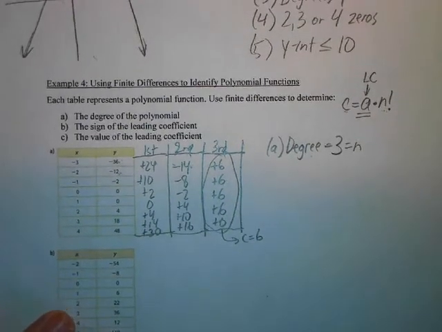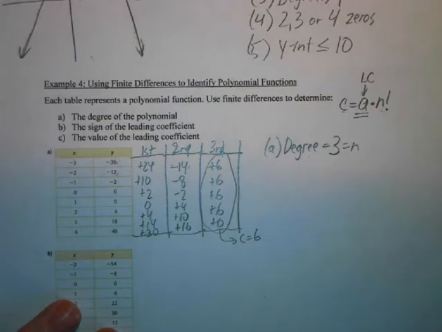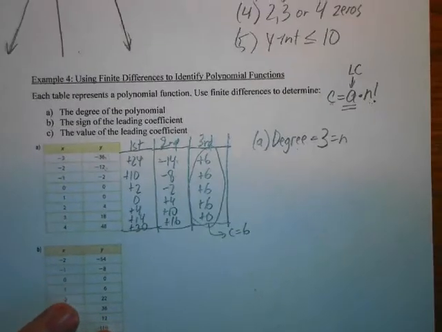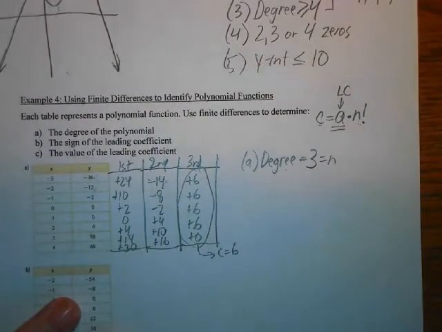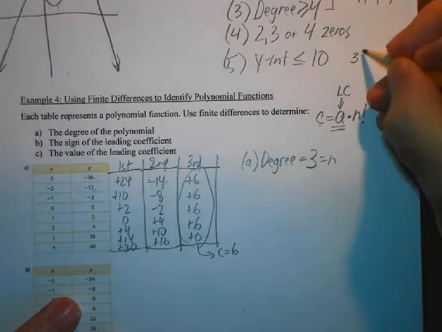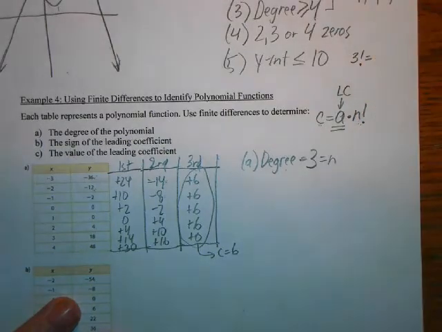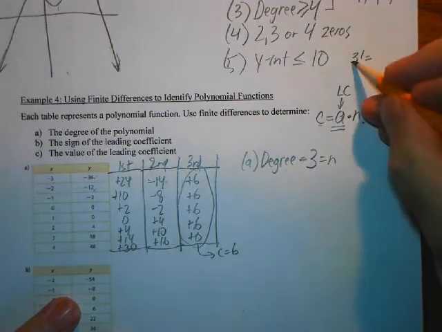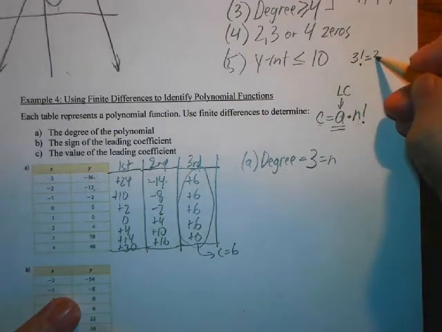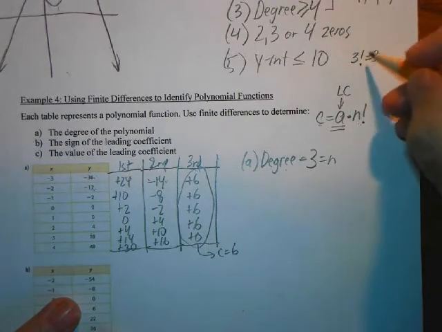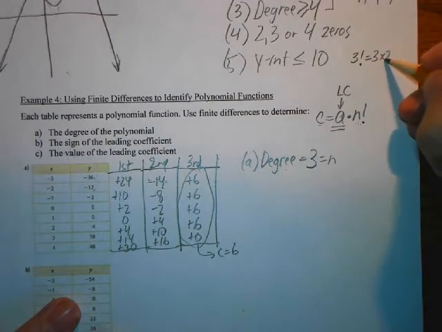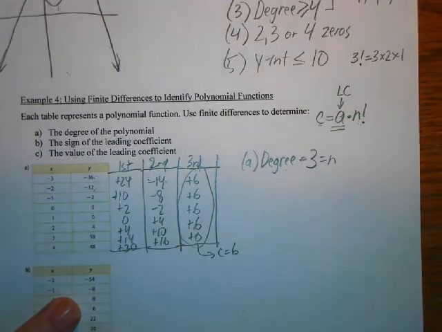What does factorial mean? The way we do factorial, for example, I'll do 3 factorial. You start with the number that's here, and then you just keep multiplying by each integer below, 3 times 2, and you stop when you get to 1.